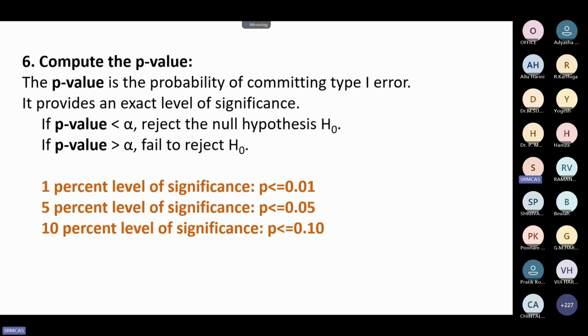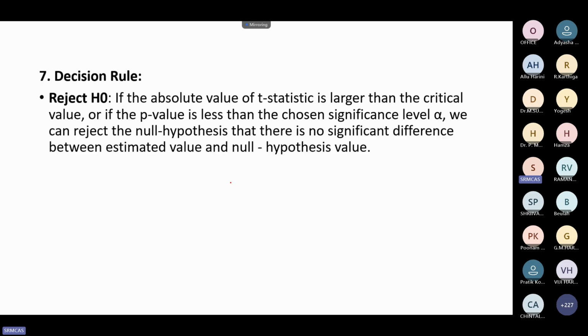If it is a 1% level of significance, the probability value should be less than 0.01. If it is a 5% level of significance, it should be less than or equal to 0.05. If it is a 10% level of significance, then it should be less than 0.1. These are the decision scenarios.